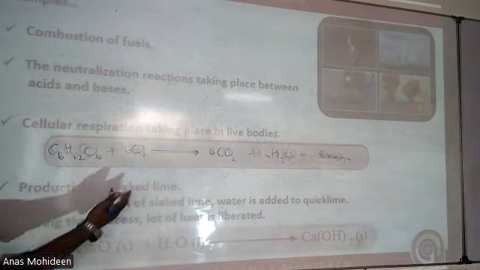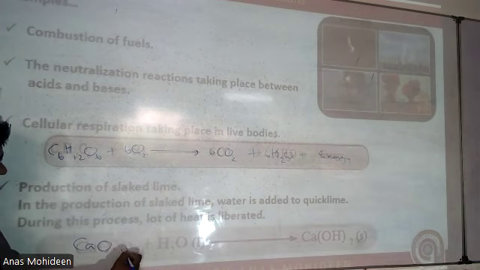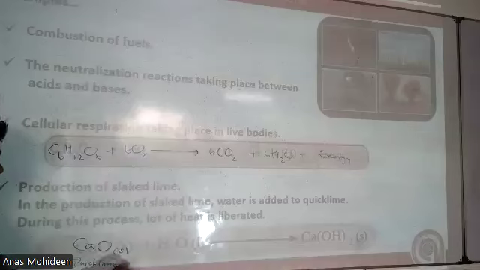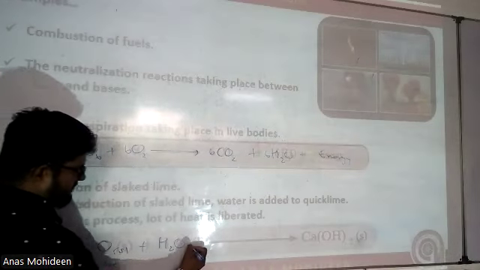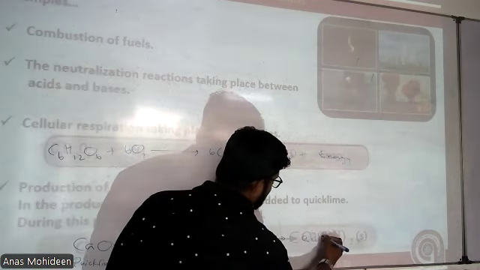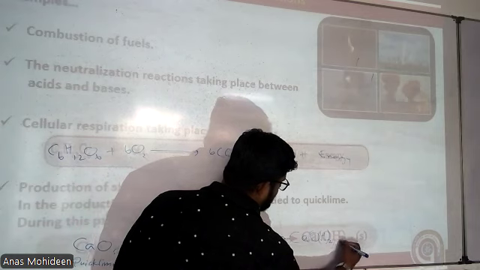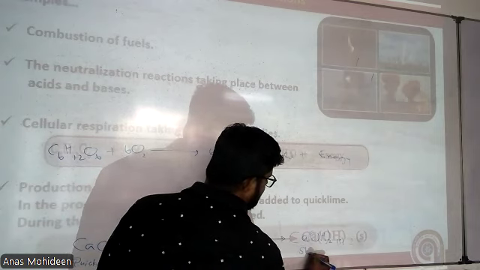And production of slaked lime. Calcium oxide is called quicklime. What lime? Quicklime. For this calcium oxide, when you add water, it becomes calcium hydroxide. Calcium hydroxide means slaked lime.